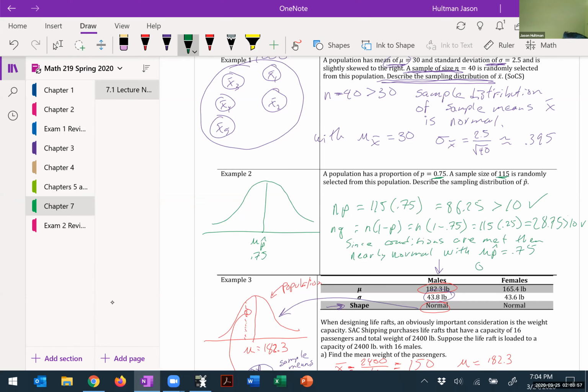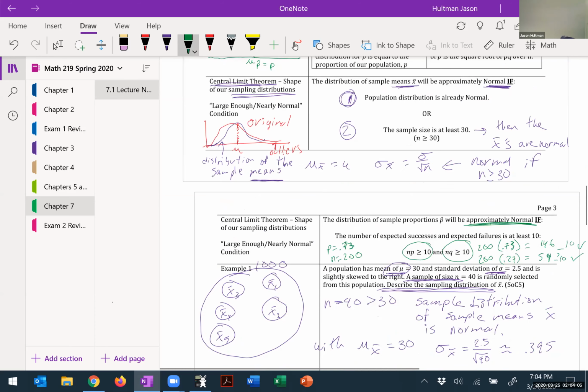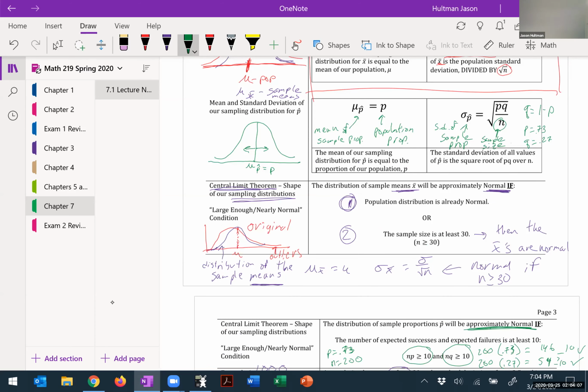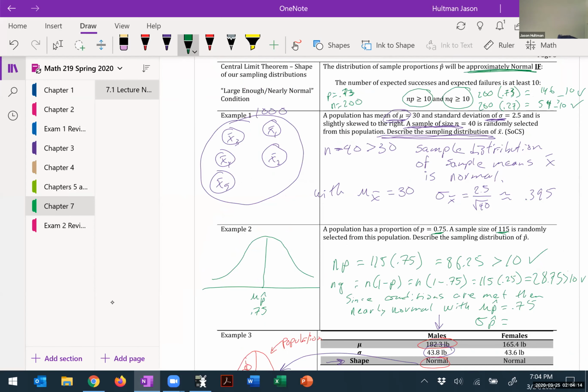And then what's sigma of p hat going to equal? Well, we have to go back to that formula. Sigma p hat is the radical of p times q over n. So that's 0.75 times q, which is 0.25, over n, and n is 115.